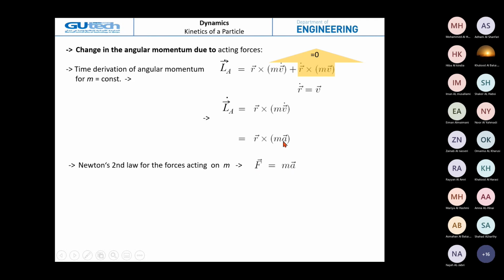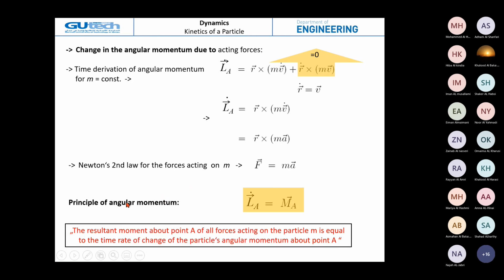Then we can replace it here with F. The principle of angular momentum can now be defined by the change of the angular momentum, which is only the vector moment about the point E. Keep this in mind for the tutorial, as we will use this expression.